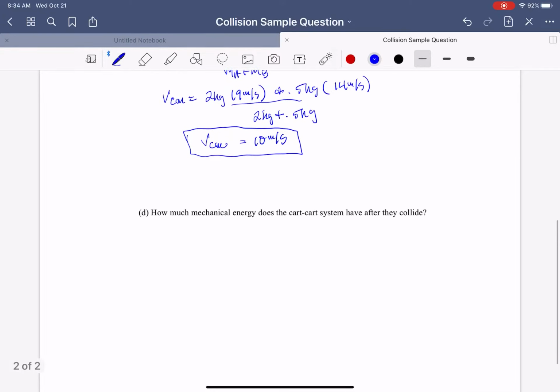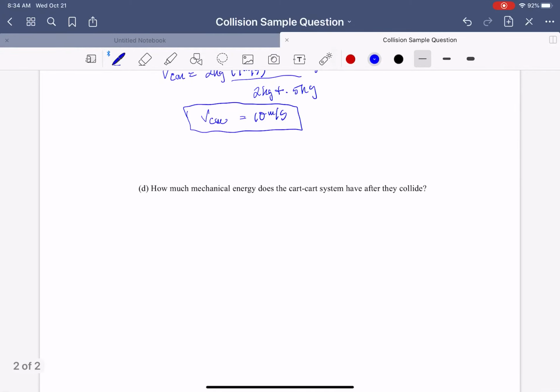Then it says, how much mechanical energy does the cart system have after the collision? Again, to find the mechanical energy, what kind of energy is there? Only kinetic energy. So I have to add the two kinetic energies: 1/2 times the mass of A times the new velocity of A squared plus 1/2 times the mass of B times the new velocity of B squared.